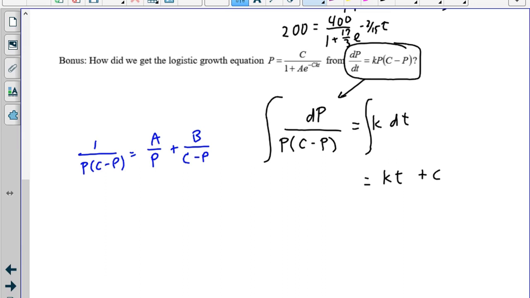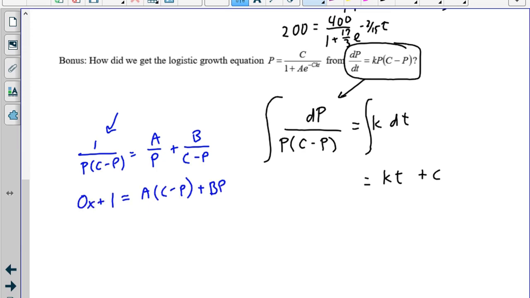So I can break this fraction up into two other fractions. Now, when I multiply through, I end up with 1 equals A times (C minus P) plus BP.